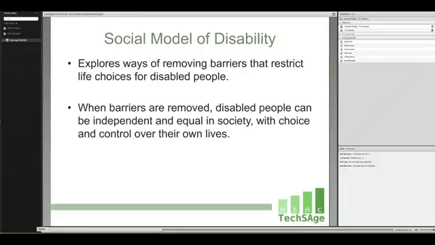And then again, the social model of disability explores ways of removing barriers that restrict life choices for people with disabilities. And when barriers are removed, people with disabilities can be independent, equal in society, and have choice and control over their own lives, which is so unbelievably important. It's that idea of independence versus dependence, and having to do things on your own.